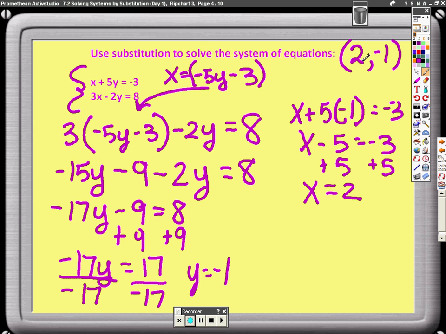So my solution for this system of equations is at the point 2, negative 1. And I would recommend that everyone check their work. I'm not going to do that now, but you substitute in 2 and negative 1 for x and y into both of the equations and solve, and if you get true statements for both equations, your solution is correct.